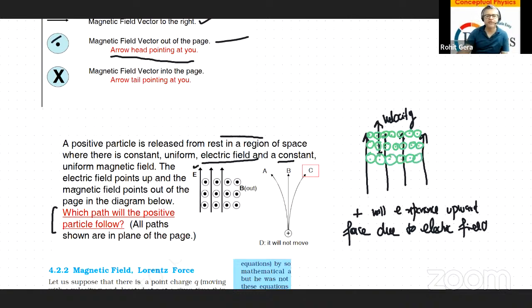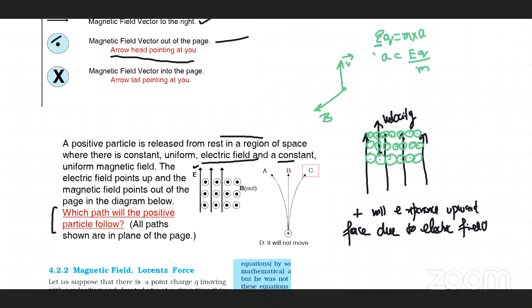The magnetic field B is outward, outside the page. It's a positive charge going with a velocity v at any instant. Say this is instantaneous, because when you get the force on the charge due to the electric field, what's your acceleration going to be? So you will accelerate also continuously, right?